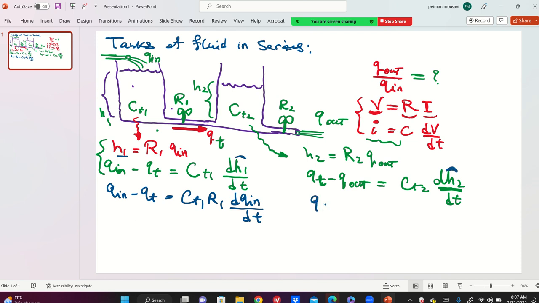So you have Qt minus Q out equals Ct2 R2 dQ out over dt. Everybody understand?